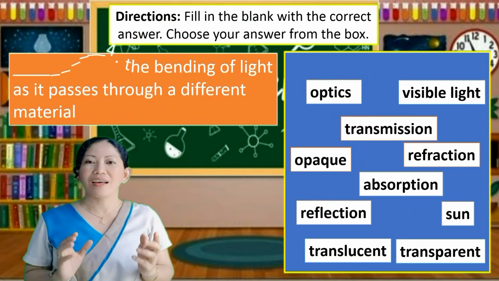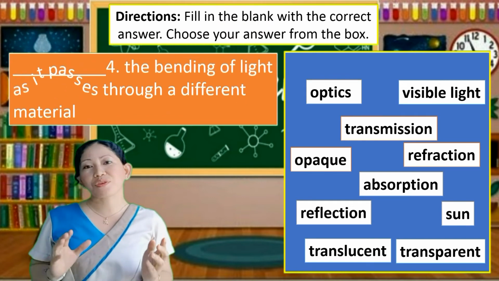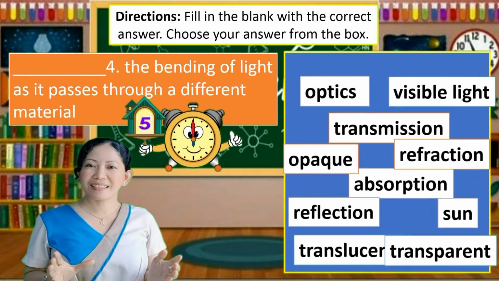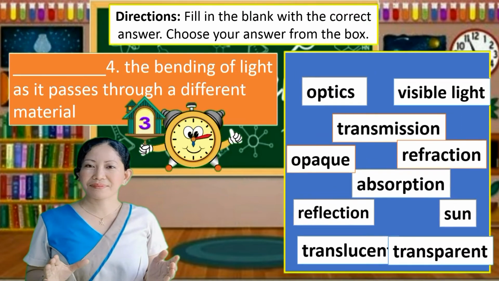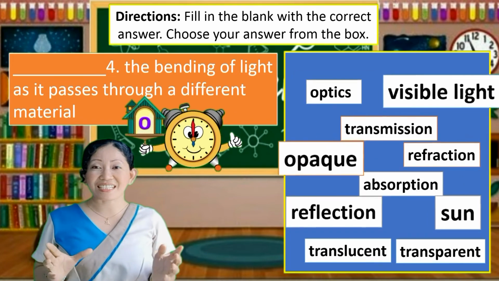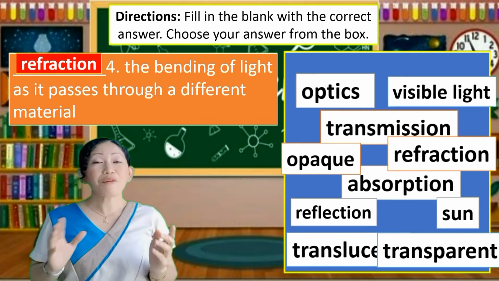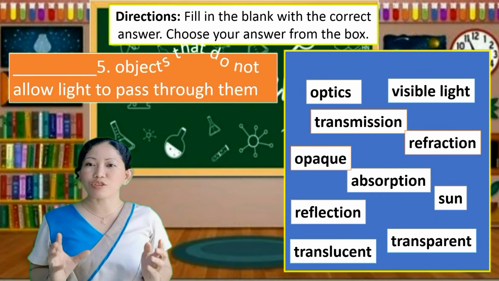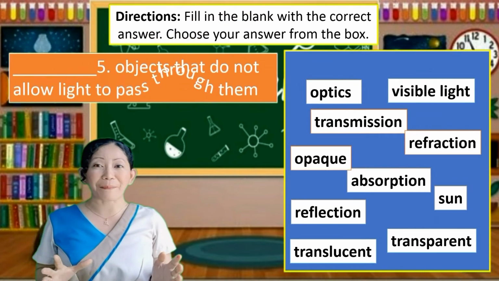Alright. Number 4, the bending of light as it passes through a different material. And the answer is refraction. Alright. Number 5, objects that do not allow light to pass through them.